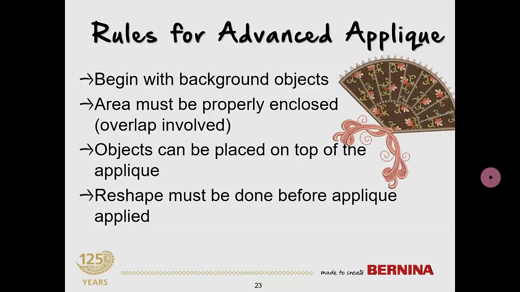Objects can also be placed on top of the applique. As you see here, these spokes were placed on top of the applique. And if you need to reshape, you have to do this before applique is applied, or you will have to recover your original objects if you apply it and then need to reshape.